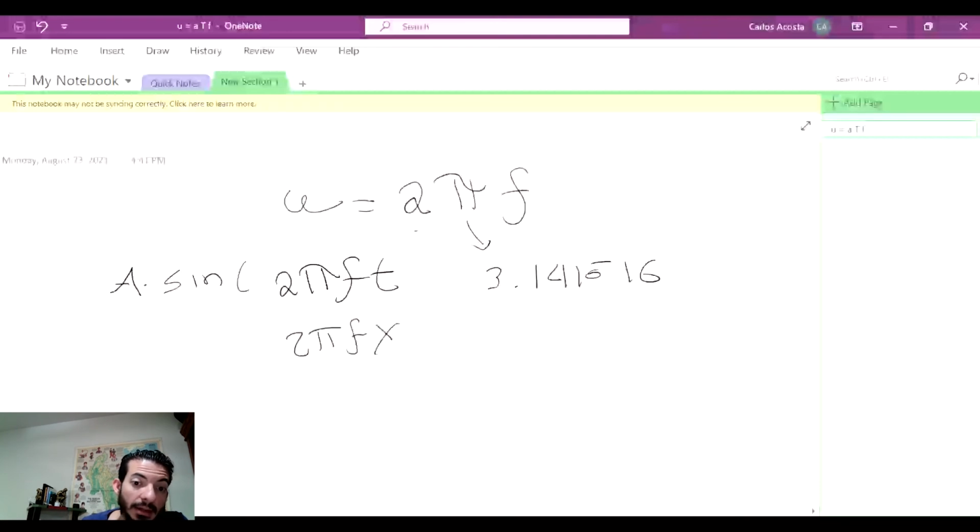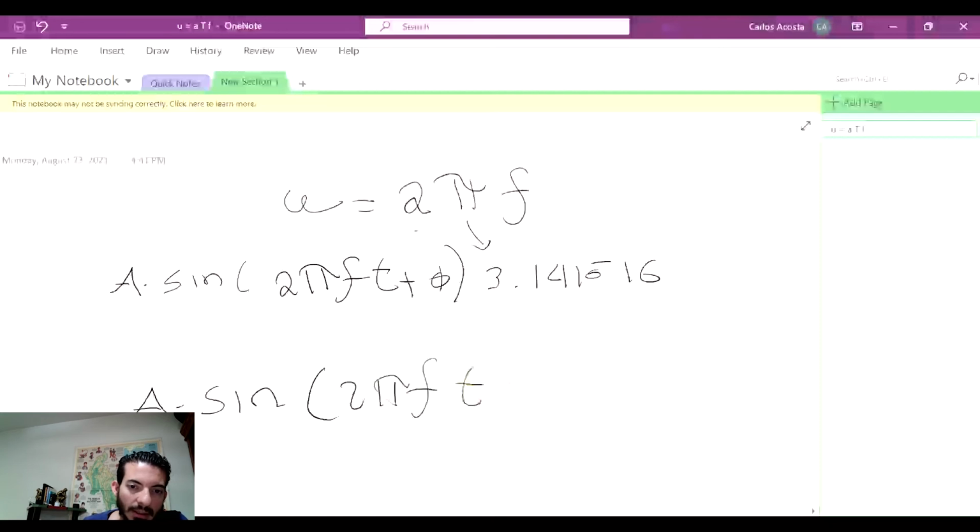Depending on the y-axis, the x-axis. The general form is t plus a shift. Okay, so if I do that again, A times sine of 2 pi f t plus a shift.